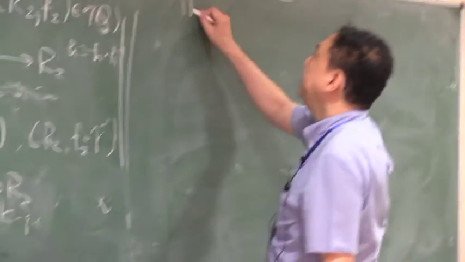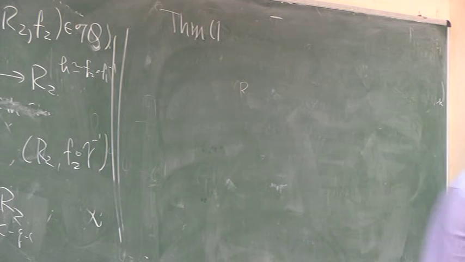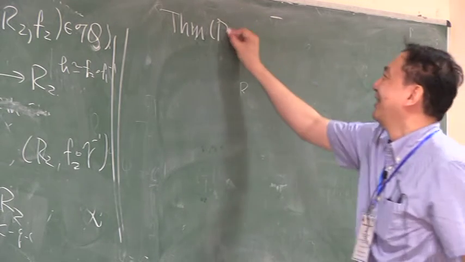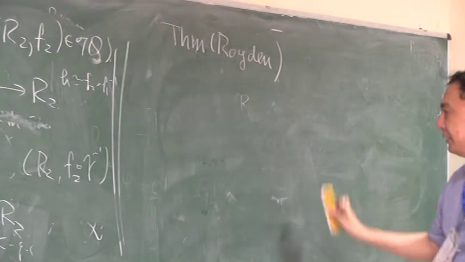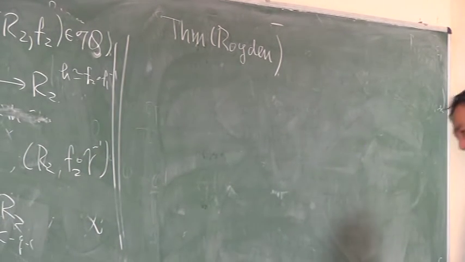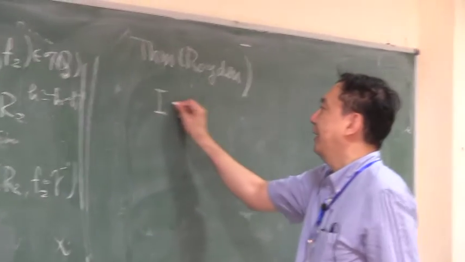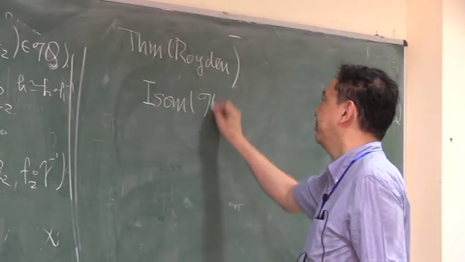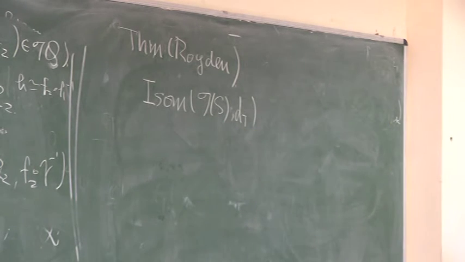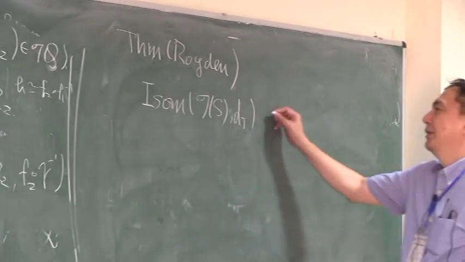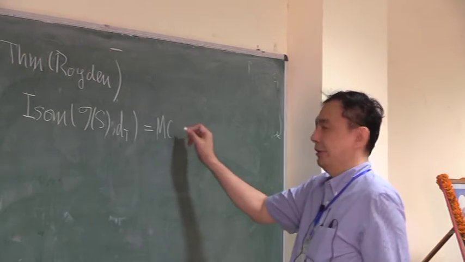So here's the theorem by Royden. He showed that the entire isometry group of T(S) with respect to the Teichmüller metric is equal to the mapping class group.